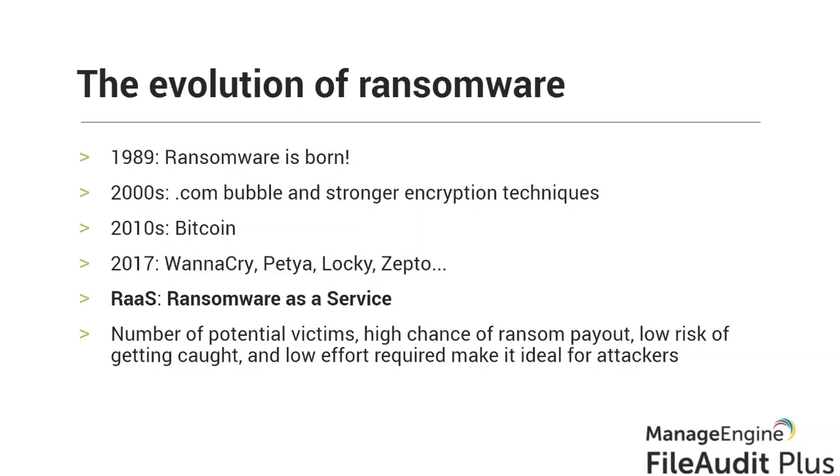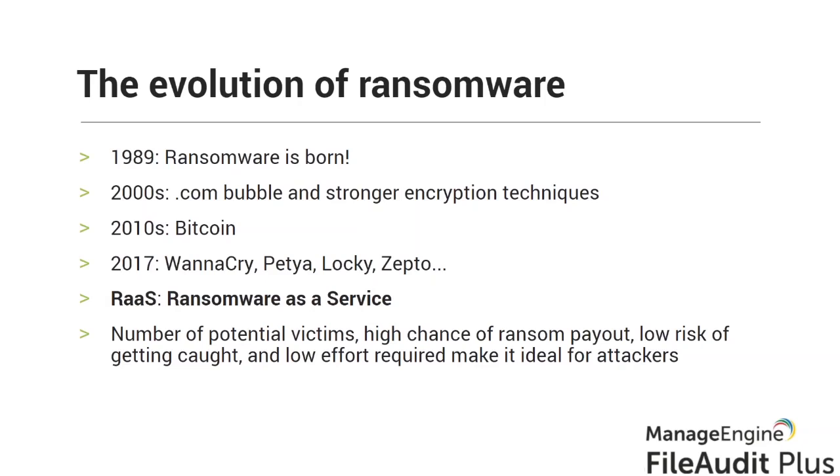But things started to change in the 2000s with the dot-com bubble and worldwide internet access, right? Because this made ransomware more powerful as it could target more systems across the globe and inevitably end up hitting something of value.